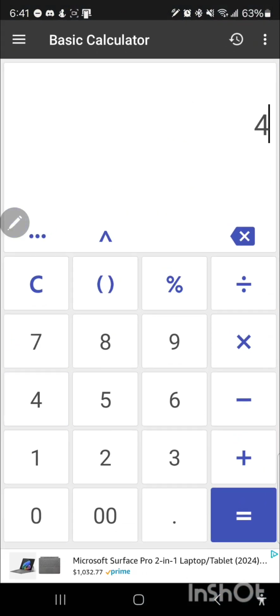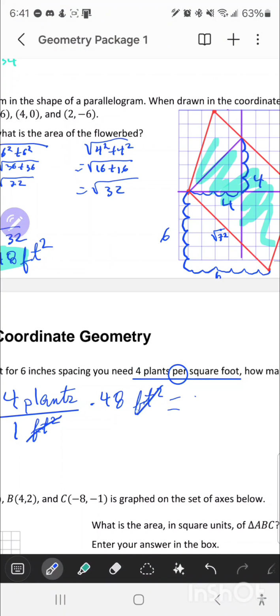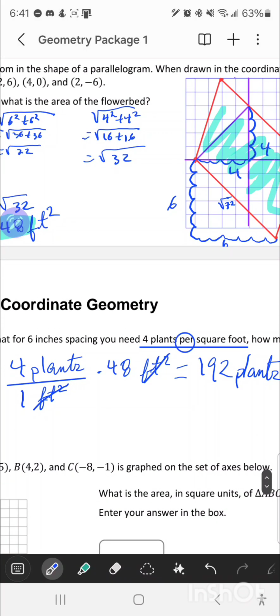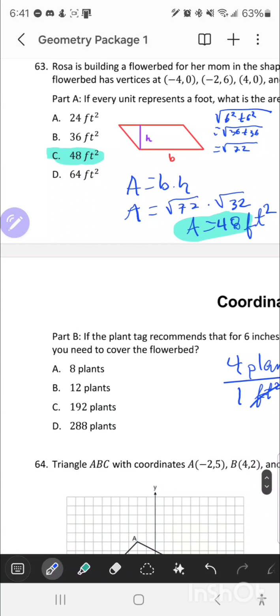Yeah, 192. We cancel out the square foot, so we get 192 plants. And that's what they were asking for: how many plants per square foot. That's the only thing we needed to do, and this right here is our answer.